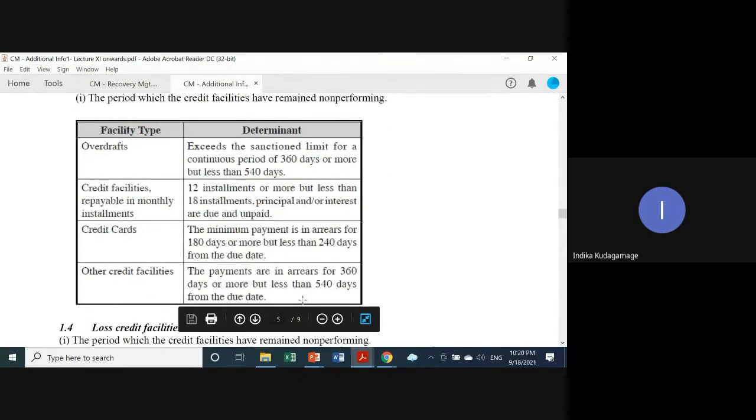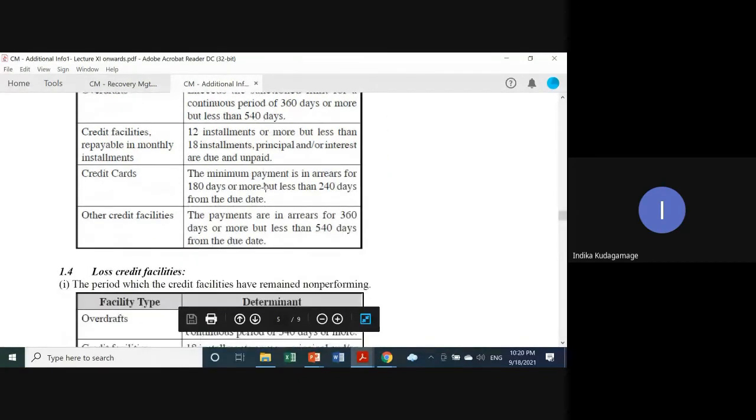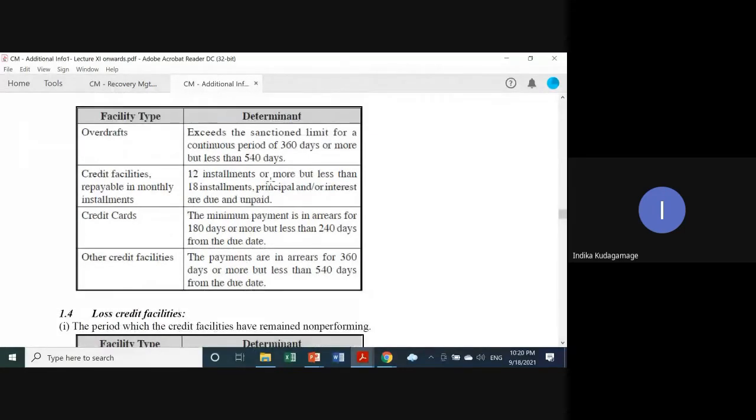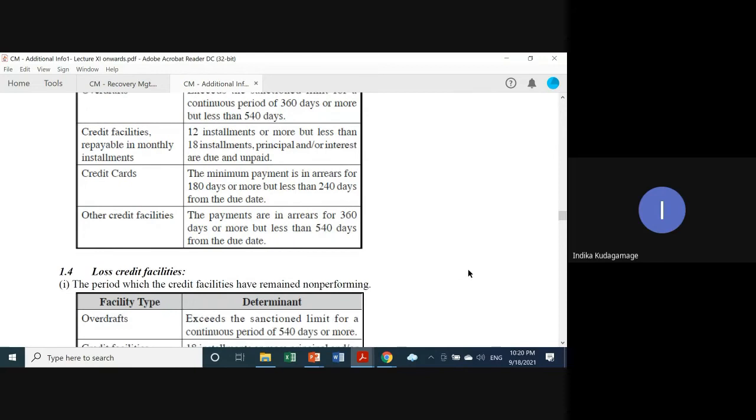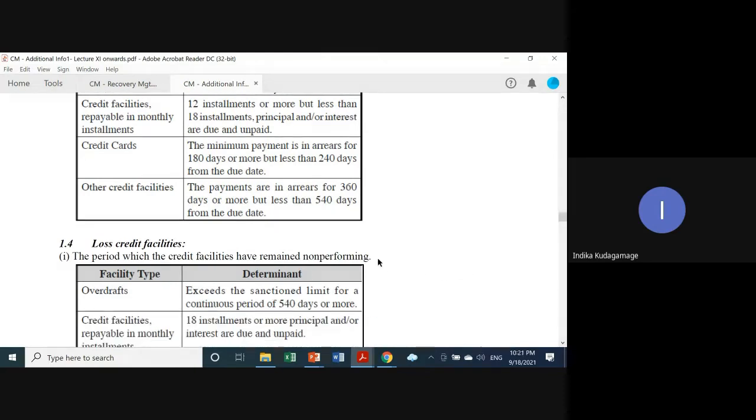So you have to remember these tables. They have asked questions from this table. It is a pattern. 0 to 90 regular, 90 to 180, 180 to 360, 360 to 540, right? 3 months, 6 months, 12 months, 18 months. With the exception of credit cards: 90, 120, 120, 180, 180, 240.